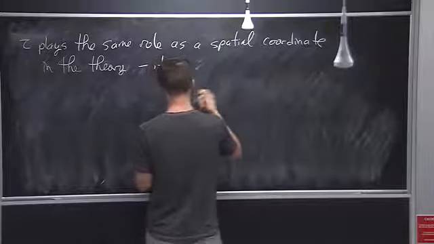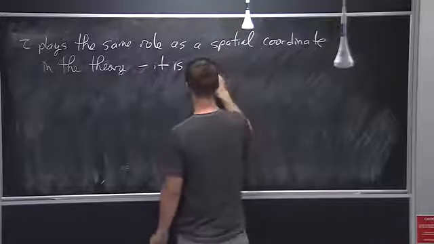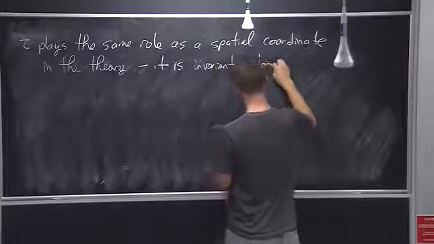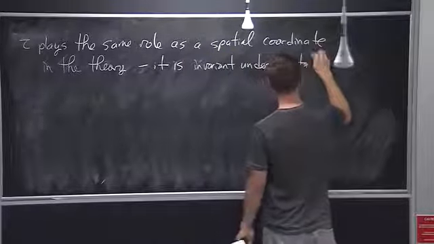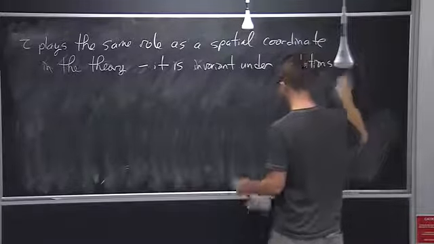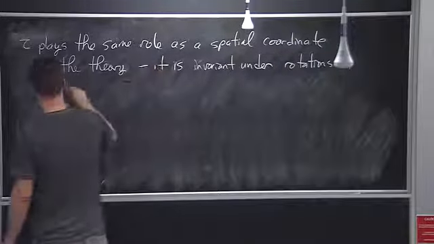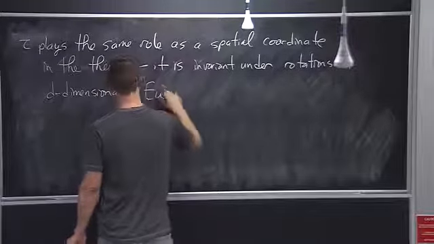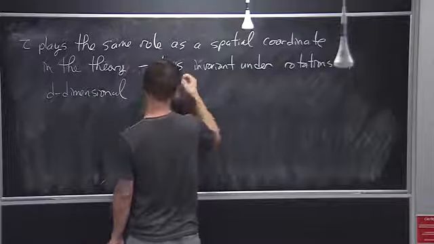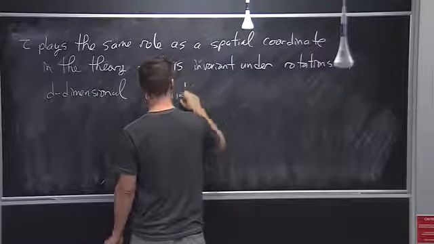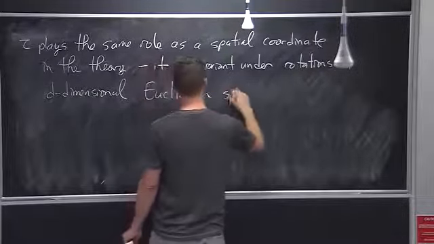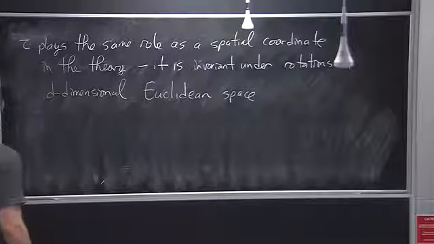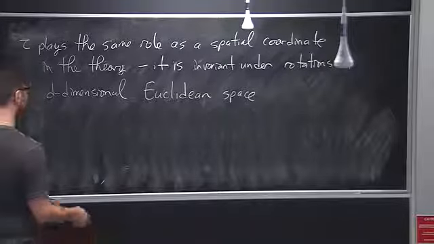So the whole theory is invariant under rotations in this space. Imaginary time versions of actions are called Euclidean quantum field theories.